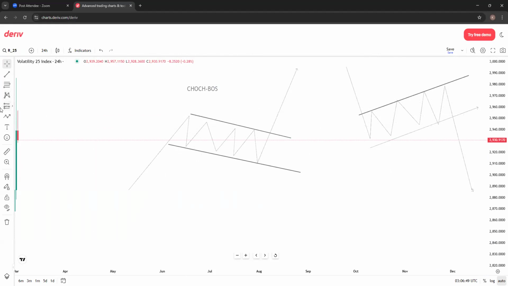Now, what does a flag consist of? It consists of what we call a flag pole. So in this event, let's say maybe we're uptrending, and obviously in this case we're uptrending because our flag is facing upright. So we're expecting price from before to be like this, right?